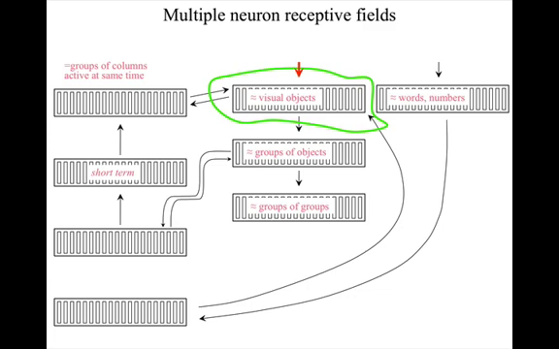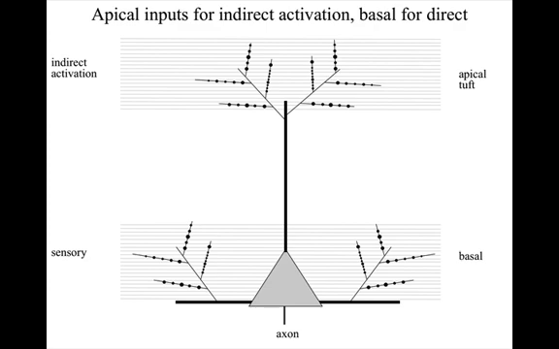The area gets inputs from areas closer to sensory inputs, from areas encouraging activity on the basis of frequent past activity at the same time, and from areas prolonging activity. But what you don't want is activation in this target area resulting from a combination of weak inputs from all three areas at the same time.